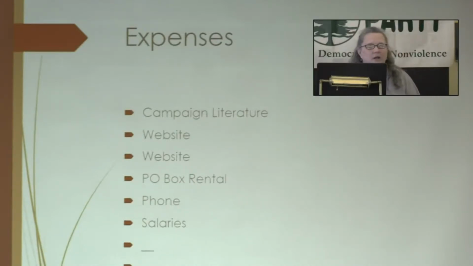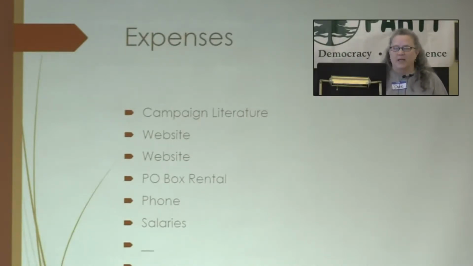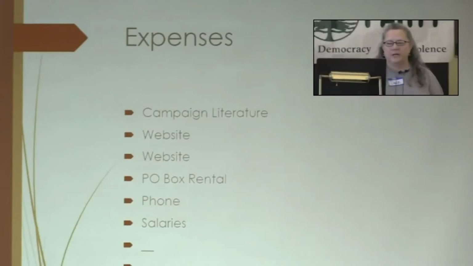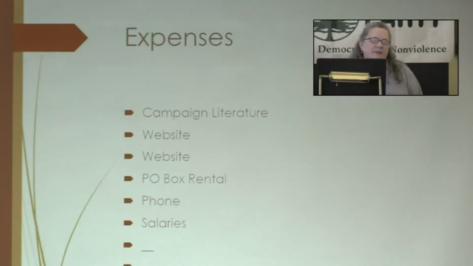People will talk about how much communication you're going to be doing, whether that's going to be on the internet, whether that's going to be dropped by volunteers, or whether you're going to mail it. All of these things are going to get into how you're going to create your budget.